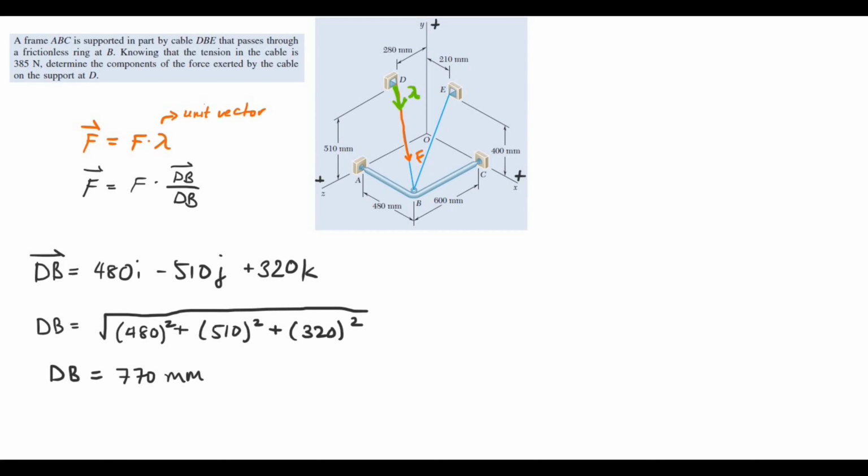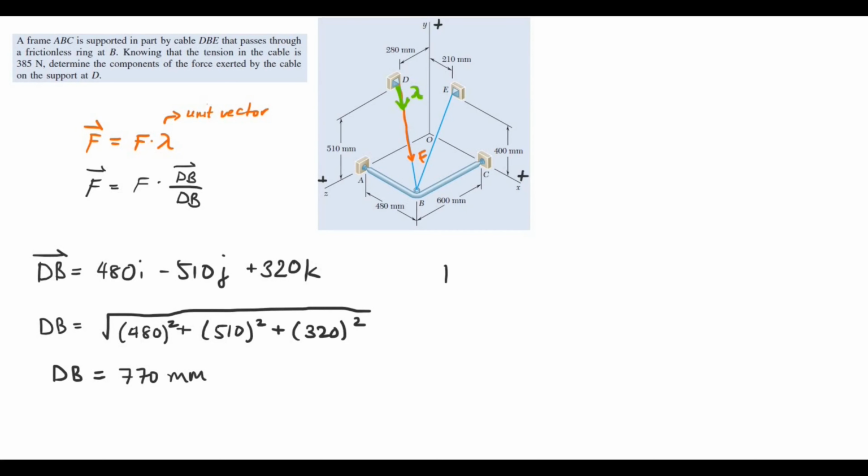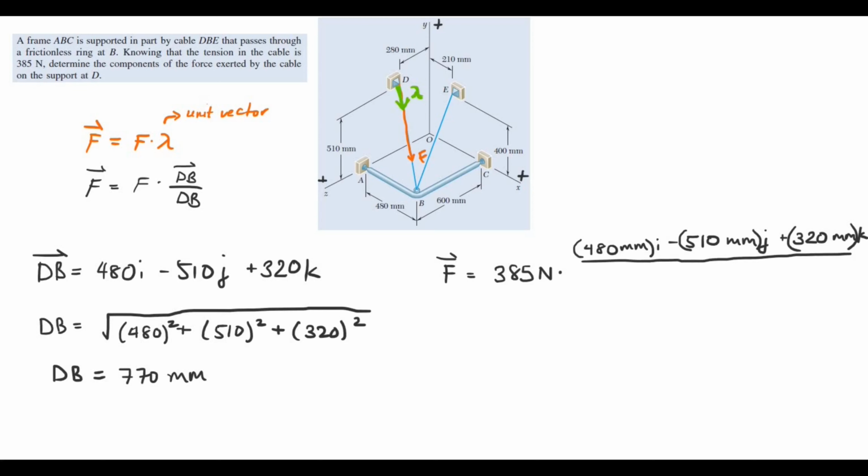So finally, substituting in the values in this equation, the force is equal to the magnitude of the force, which is given to us, times the vector DB which we solved for, all over the magnitude of the cable DB, which is 770 millimeters.